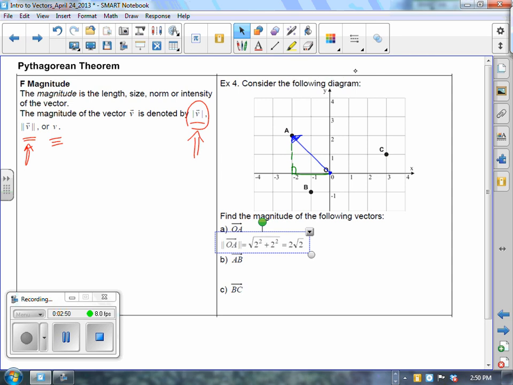Okay, so we would take the square of 2 and add to that the square of 2. At the end of the day, if you simplify, we'd have 2 root 2. So again, take a moment to process the magnitude of AB and BC, and then check your work.